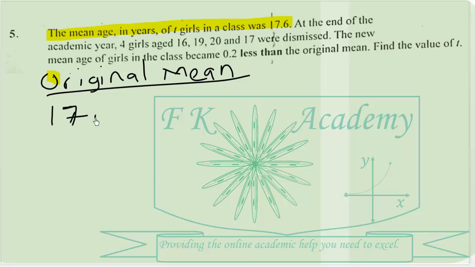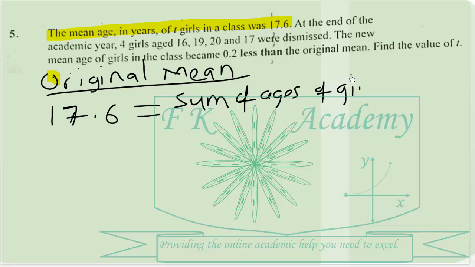So 17.6 is equal to the sum of ages of the T girls over T. So the sum of ages of the T girls over T will give us the mean age.